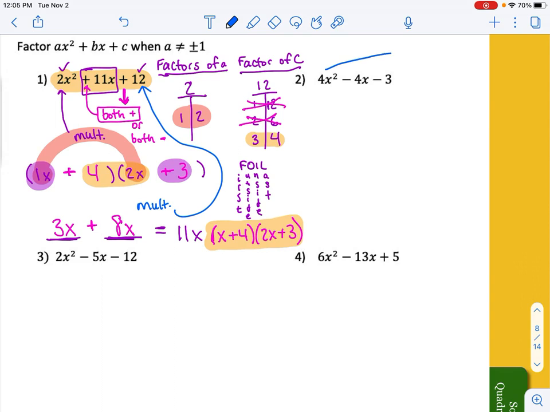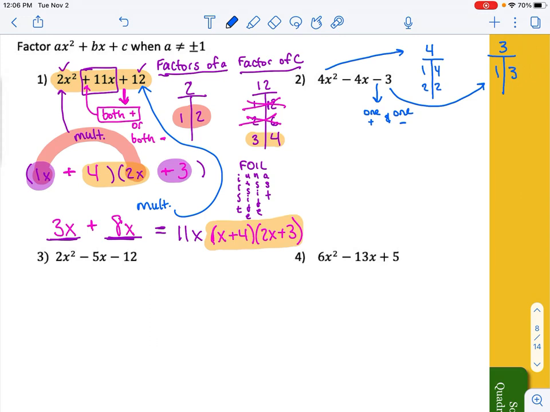You need factors of A, and you also need factors of C. Now, because this sign is a negative, we know that 1 is positive and 1 is negative.